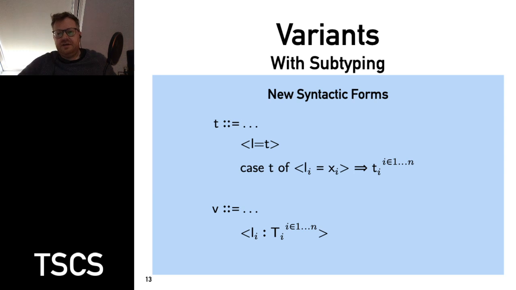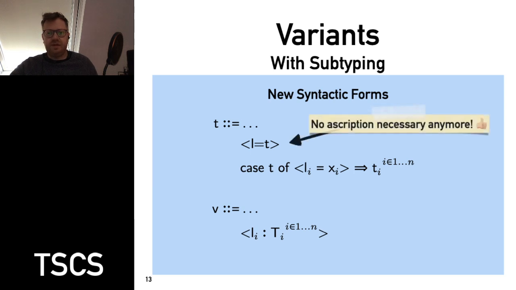How do we do this? Syntax does not change very much in this case. It's the same as you know it. However, we do not need any description anymore. This is really nice. Remember, then we had this as and then the whole type of the variant.